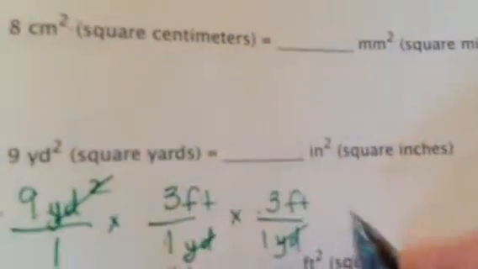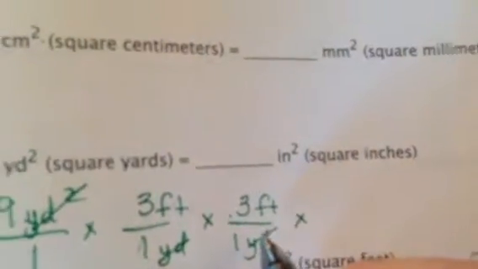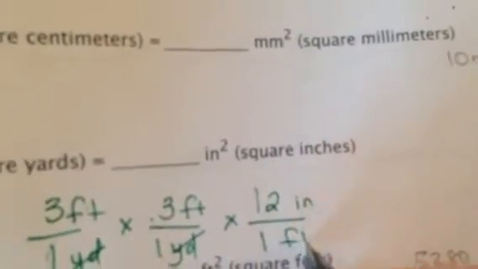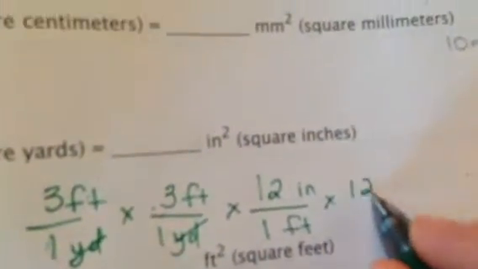But I want this in square inches. So now I'm going to think, gosh, how many inches are there in a foot? There's 12 inches in 1 foot. And the reason I wrote it this direction and not the other direction is because, since I had the feet on the top, I needed this feet on the bottom. Now I'm going to do it twice. There's 2 of them. So I'm going to have to do this twice. 12 inches all over 1 foot.